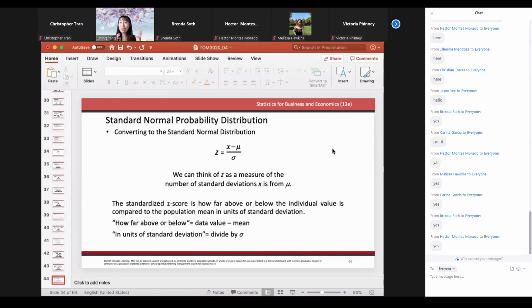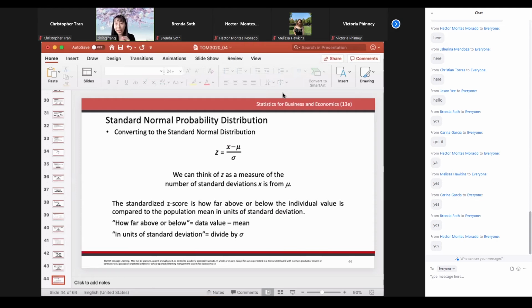Yeah, so this is a very important concept. Throughout the semester, we keep using z-score and later you learn t-score, but they all measure how far above or below your value is in unit of standard deviation. So it's a standardized value.